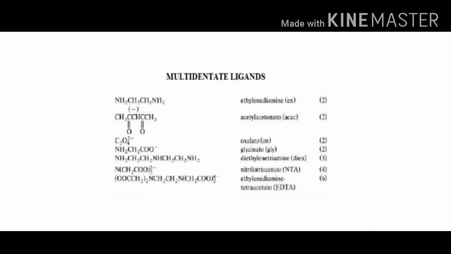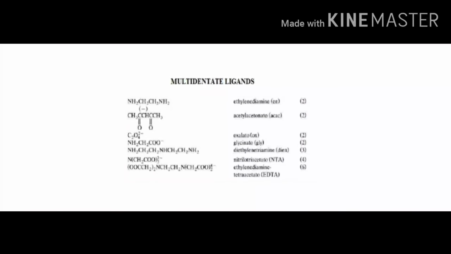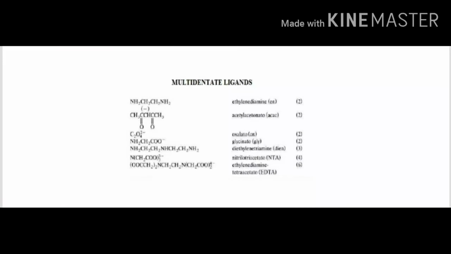They make more than one bond with the central metal atom. For example, ethylene diamine tetraacetate will make 6 bonds with the central metal atom, nitrilotriacetate will make 4 bonds, diethylene triamine will make 3 bonds, and oxalato, glycinato, acetyl acetonate will make 2 bonds.